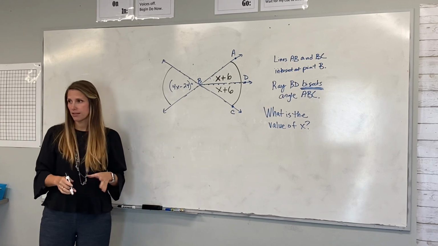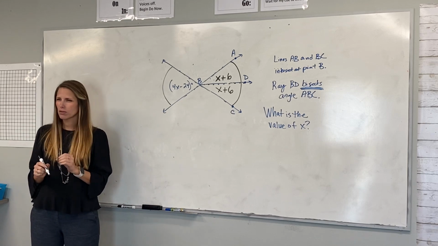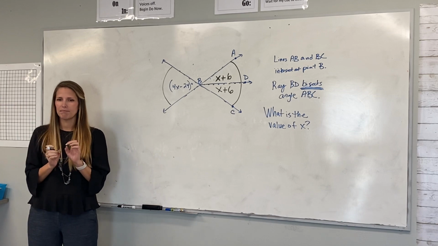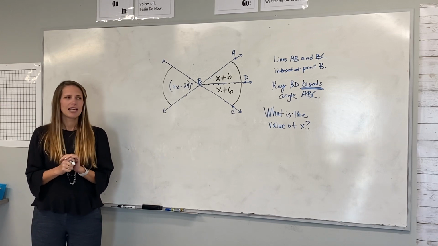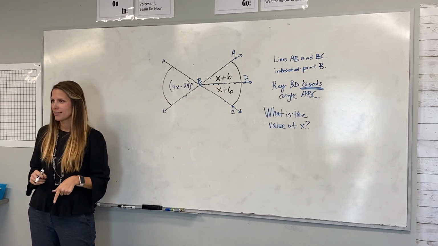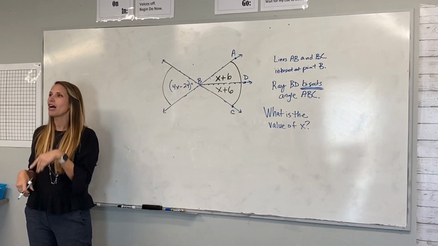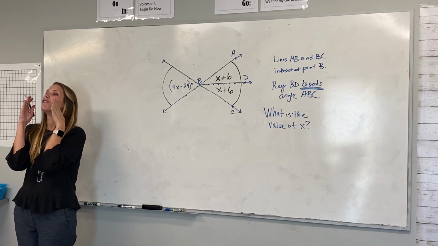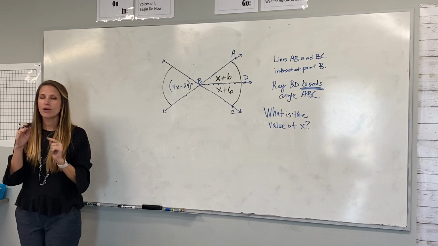I'll give you a hint. Pretend this one's on the ground and it's looking straight up and it sees the other angle. If I'm an angle and I'm looking straight up, I'm looking vertically, right? Okay, they're vertical angles.